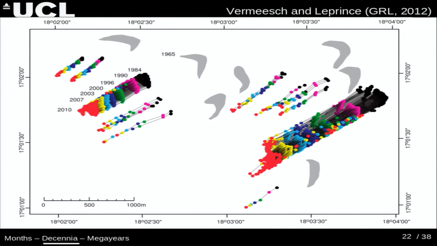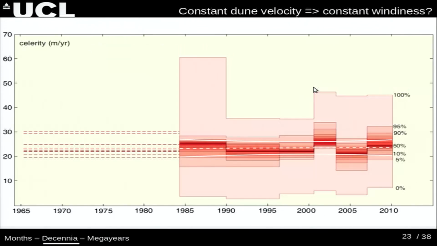So this is one way to view the displacements of my sand dunes. I can also simply take the step sizes and divide them by the amount of time elapsed between the different satellite images, the exposures that were used for the analysis. That gives me a time series of dune celerity, or velocity, for sand dunes of a particular size over time, for about 2,200 displacements.